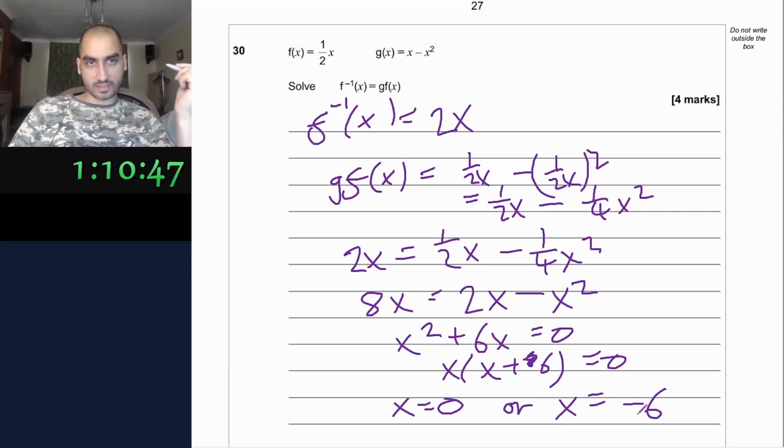So let's check that those work. So 0. Inverse f of 0 is 0. f maps 0 to 0, so 0 will inverse map to 0. So we're 0 on the left hand side. g of f of x: 0 maps to 0 in f of x, so it'll be 0 minus 0 squared, 0. Okay, that's straightforward. Minus 6. So inverse f of x will be minus 12 on the left hand side.